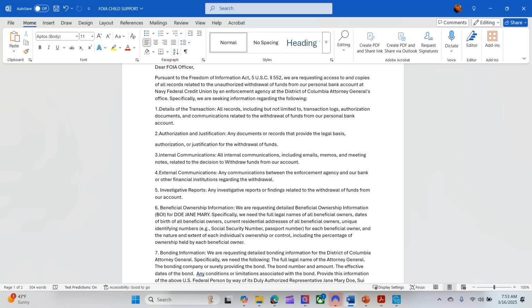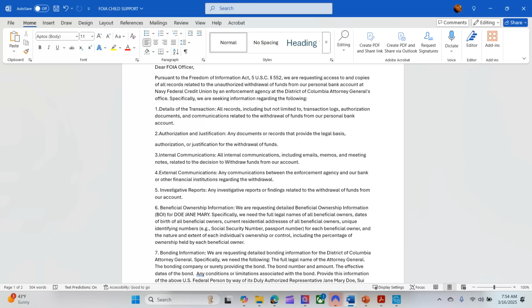Okay, next, investigative reports: any investigative reports or findings related to the withdrawal of funds from our account. The next is beneficial ownership information. We are requesting detailed beneficial ownership information. BOI is short for beneficial ownership information for Doe Jane Mary.